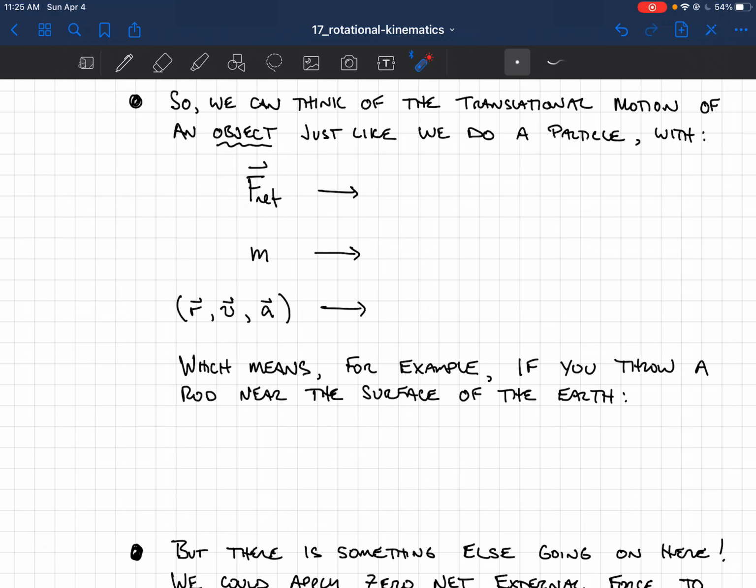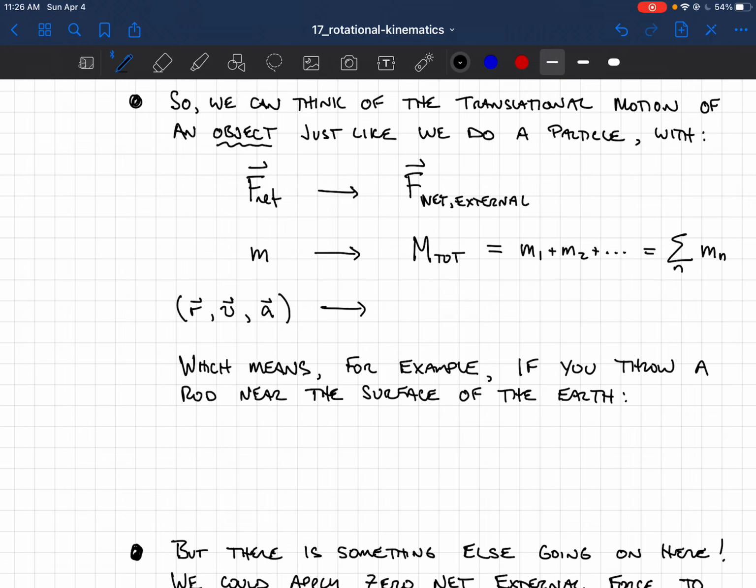So the idea is that we can think about the translational motion of an object just like a particle, and we just make the replacements that F net becomes F net external, the sum of the forces external to the system of particles. And then we replace m with m total, which is really just m1 plus m2 for all the particles inside, which, as I wrote before, I could write as the sum over n of mn.